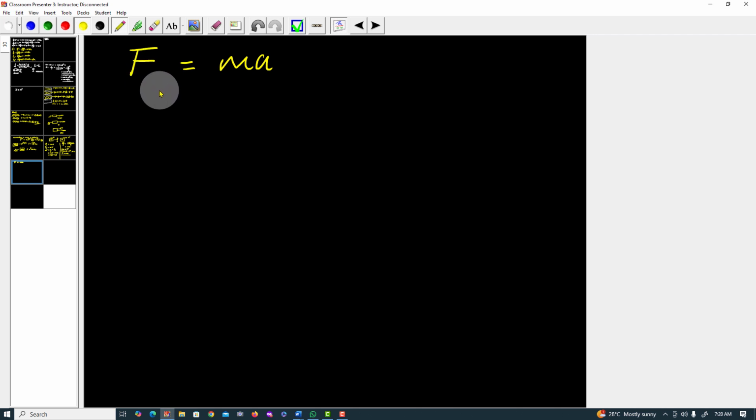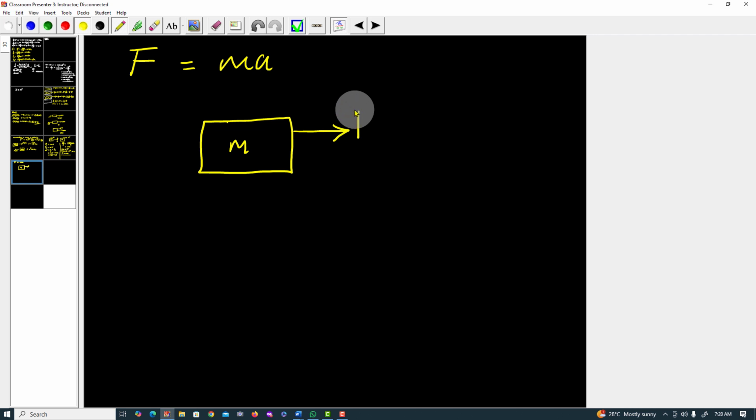You've got an object of mass m, and there is a resultant force acting on it. Its value is F. The effect of this resultant force on this object is to make the object accelerate in the direction of the force. This acceleration will be in the direction of the force.